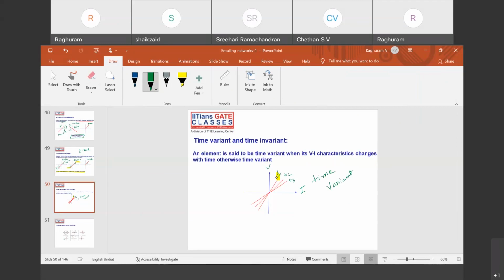For any element, if its VI characteristics changes with time, then it is called time variant. Otherwise, it is time invariant.